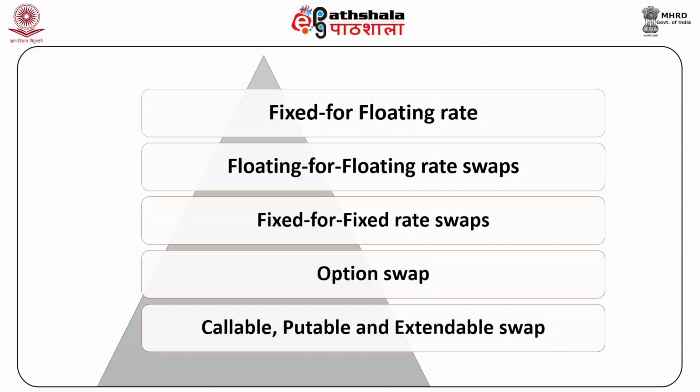The next is floating for floating rate swaps. It involves floating for floating only. It means both the legs are floating. The next is fixed for fixed rate swaps. It is suitable when cash flows of a firm are very much volatile in nature. It means when cash flows of a firm are either higher or lower than the average cash flows at a particular season.